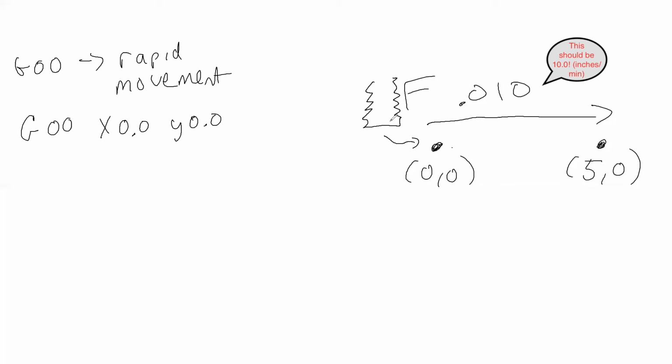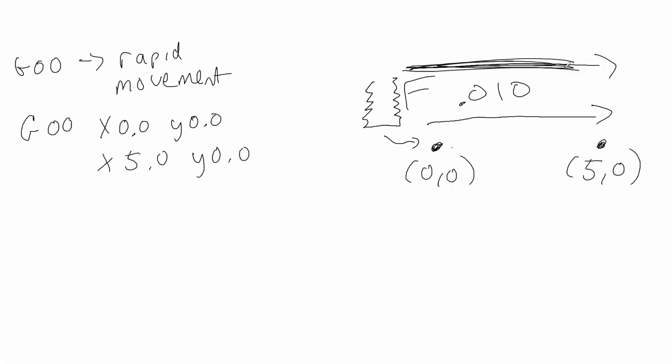All right, now we want to smoothly cut over there. Well, if we don't change this G00 and we just go to X5.0, Y00, this tool is going to move at a rapid pace, rapid speed over to our position. And we don't want that. It's going to move way too quickly for the cutting action that we're looking for.